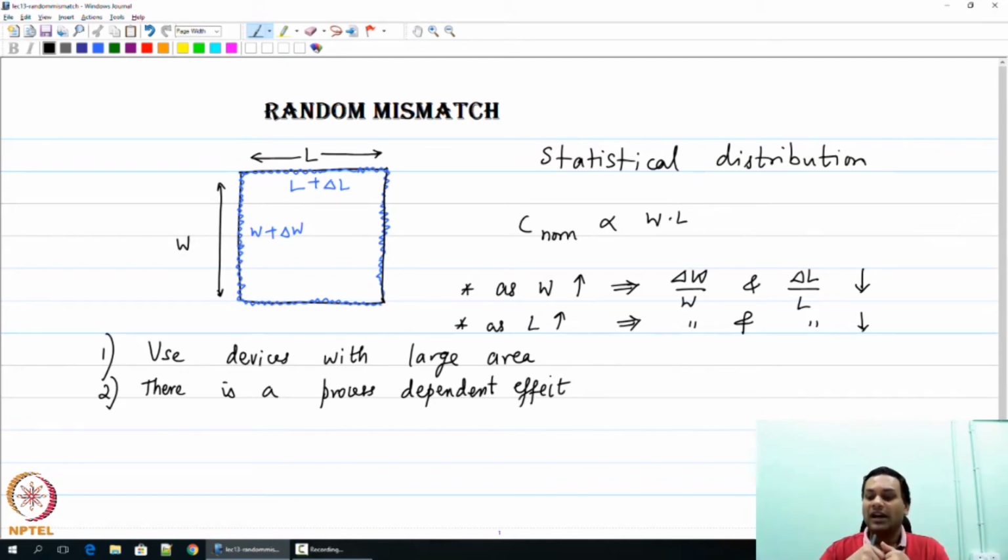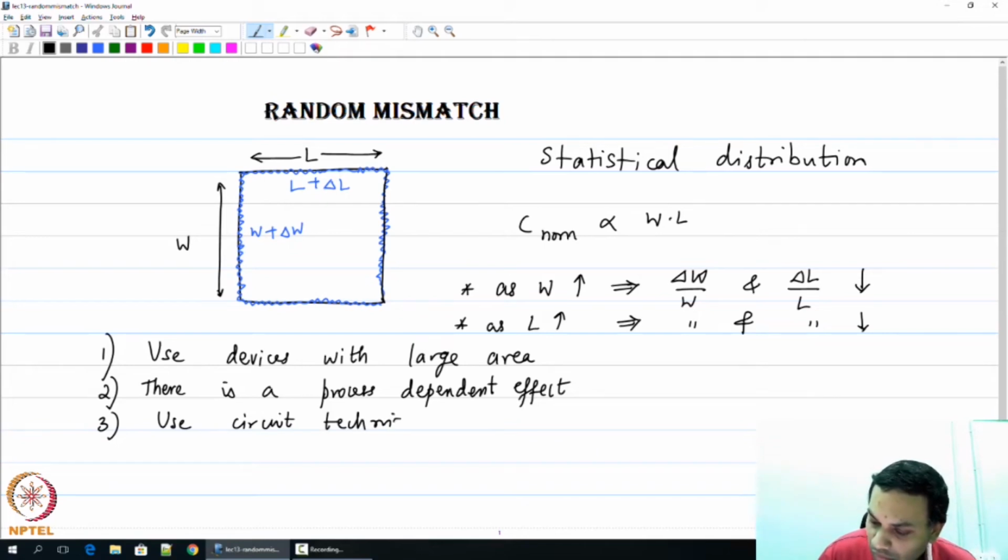So a better process can give you a tighter distribution of the random mismatch component. And finally, it is possible to use circuit techniques to mitigate random mismatch.